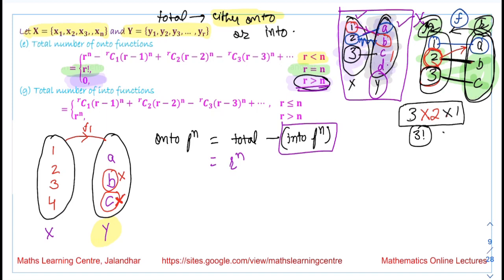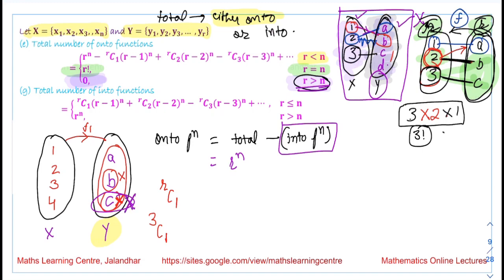The total number of ways in which we can choose one element from this is rC1, that is, we have three elements and we can choose one element from it. Now suppose we have chosen the element C, which is not having any pre-image.